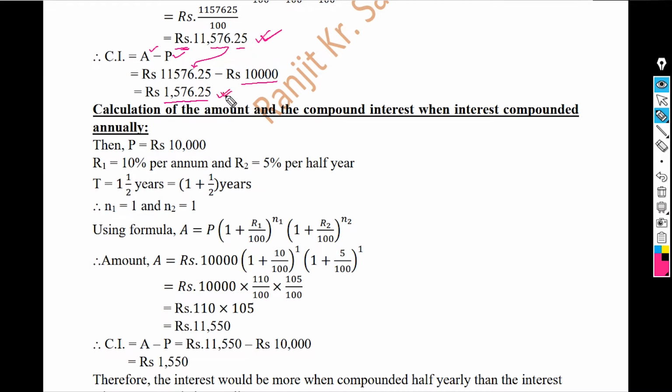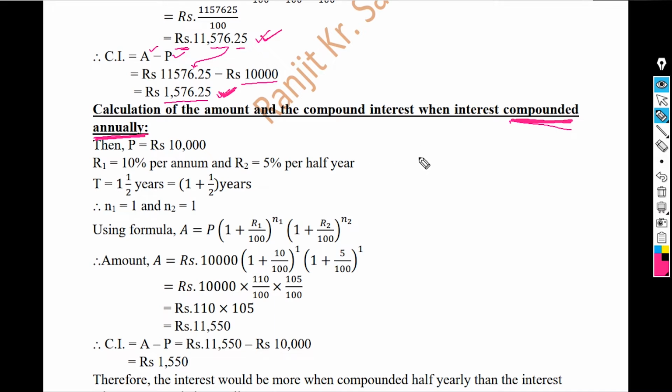When you are computing half yearly, now you have to compute annually, compounded annually. This is the case. You have to compound annually. Then what is the change?